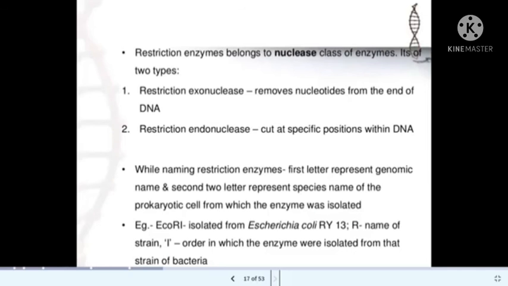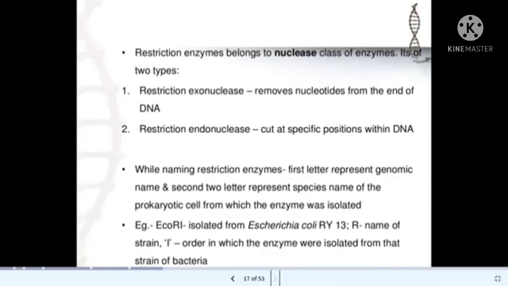Each restriction enzyme is named in a particular pattern. The general term is restriction endonuclease. According to the role played by the restriction endonuclease on the particular DNA, you can name it. So that is a rule. The first letter of the restriction endonuclease should represent the genus name. The second two letters represent the species name of the cell from which the enzyme was isolated.